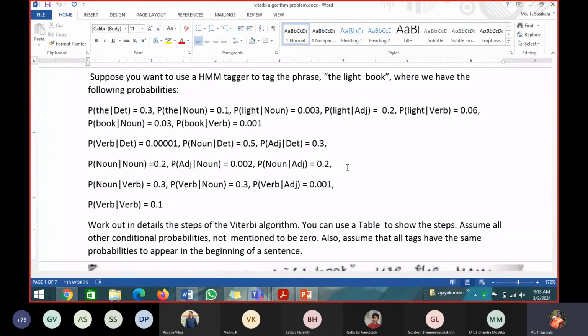Finished? 1, 2, 3, 4, 5, 6, 7, 8, 9, 10 tag transition probabilities are there, and 1, 2, 3, 4, 5, 6, 7 word transition probabilities are there.